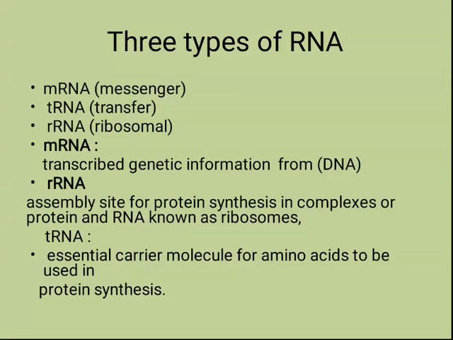That is, we are using DNA for the synthesis of RNA. Now this transcription starts with the partial unwinding of the two strands of the DNA double helix, again by the breaking of hydrogen bonds.